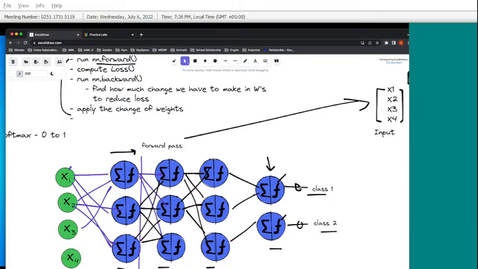Hence, it's a very nice way to represent probability. Softmax gives you that ability. Hence, for any classification problem, the last activation function on your last output layer will be softmax, right?